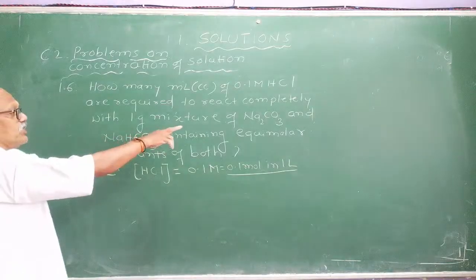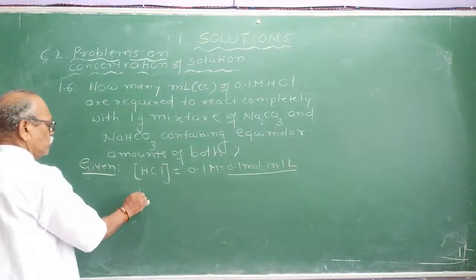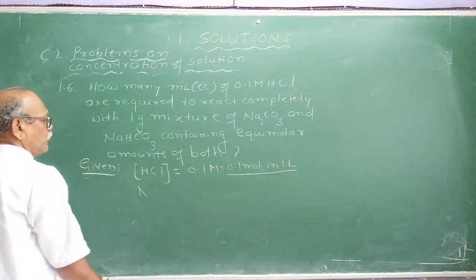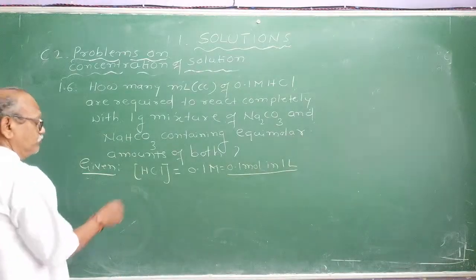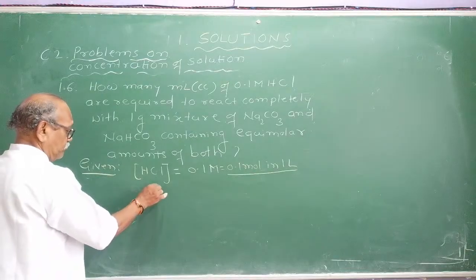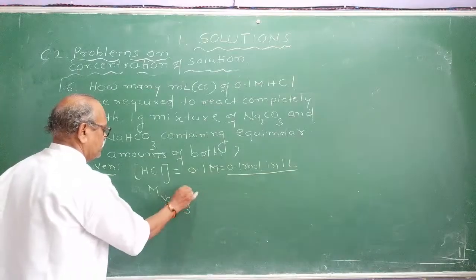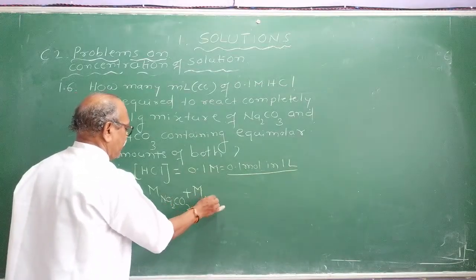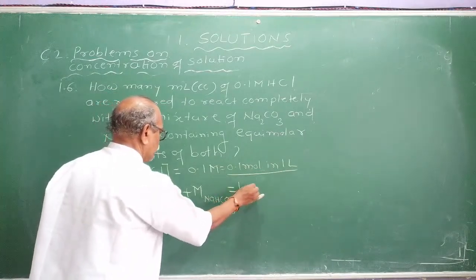React completely with 1 gram of mixture. There are two compounds, sodium carbonate and sodium bicarbonate. Mass of Na2CO3 plus mass of NaHCO3, the total mixture is 1 gram.